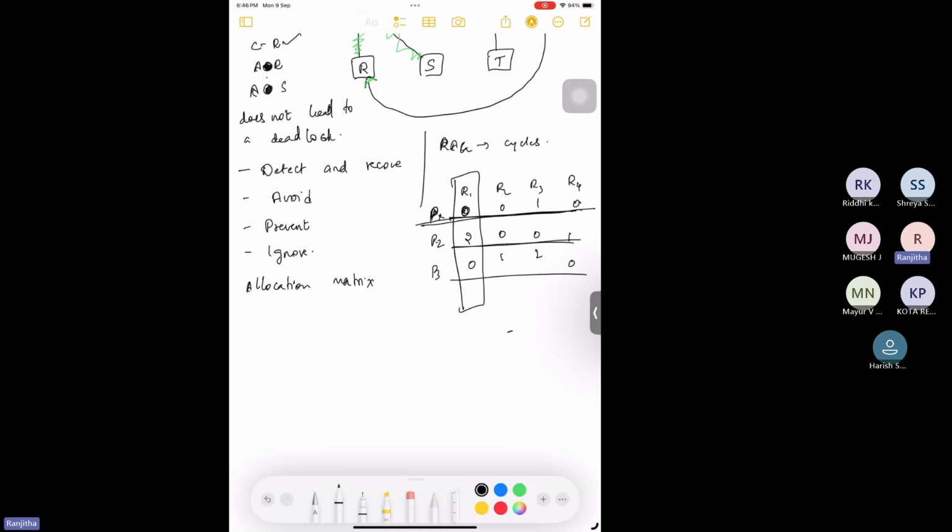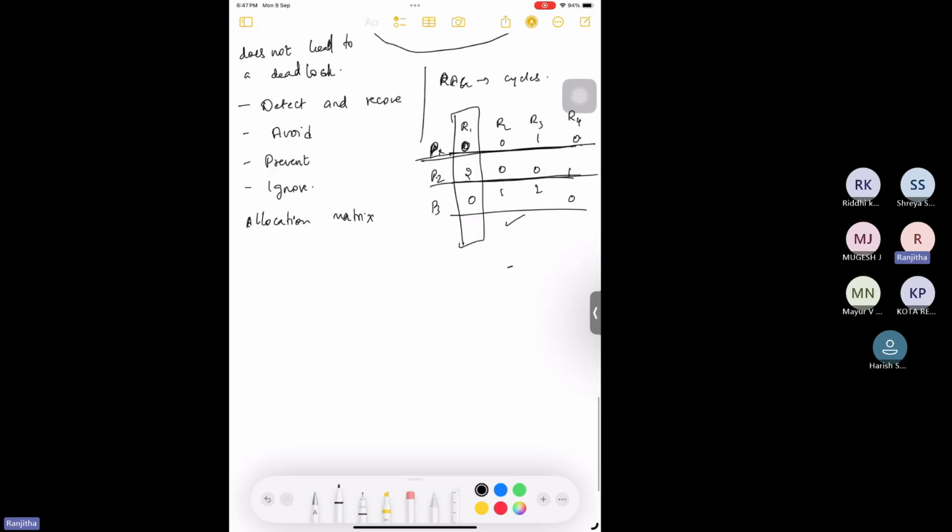Same way P2 has 2 R1, 0 R2, 0 R3 and 1 R4. P3 has 0 R1, 1 R2, 2 R3 and 0 R4. Okay. So this is the allocation matrix. This is currently what each process is given.